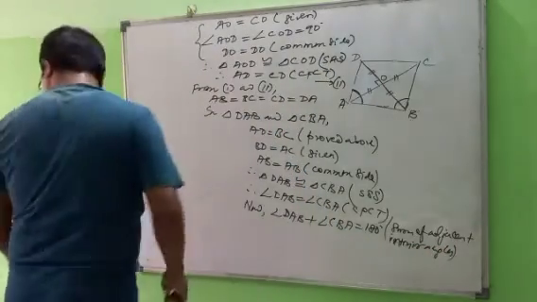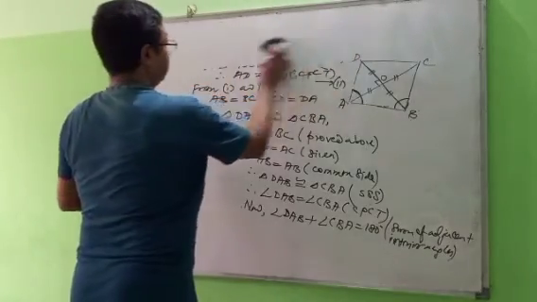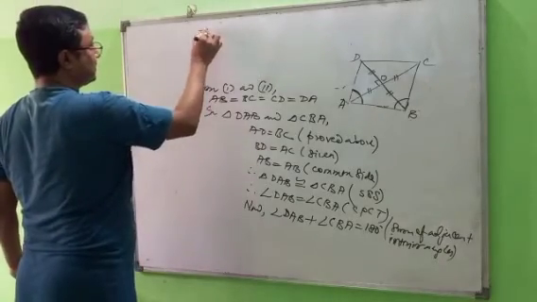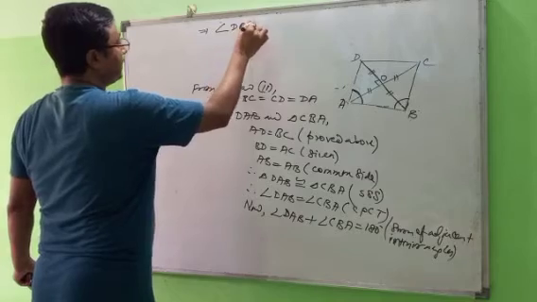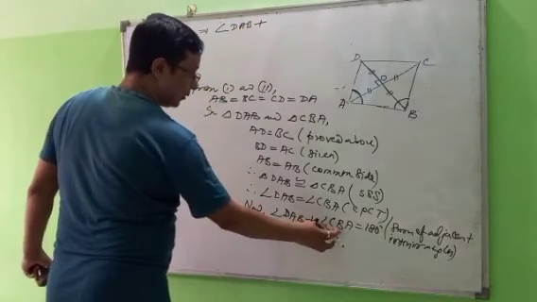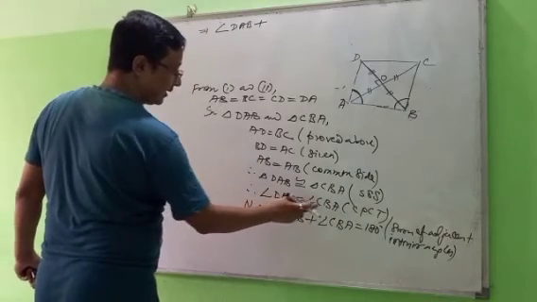So now this gives angle DAB plus, in place of angle CBA, you can put angle DAB because these two angles are equal.